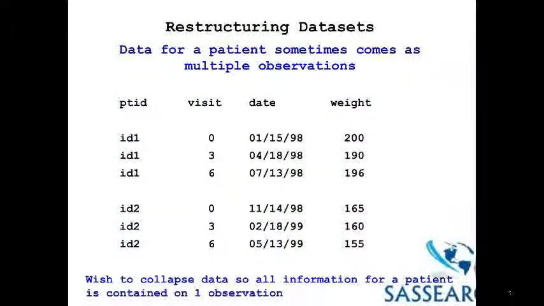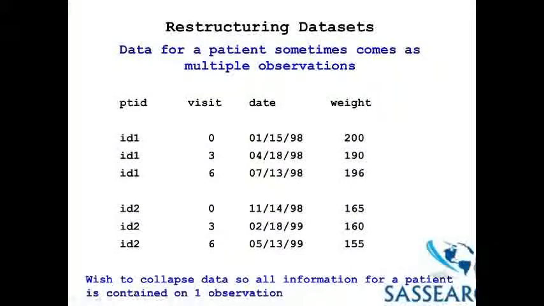So here is an example where we have many observations for a particular patient, in this case 3 observations for each patient. We want to turn this long data set, meaning lots of observations, into a wide data set where for each patient we have all the information on one row.